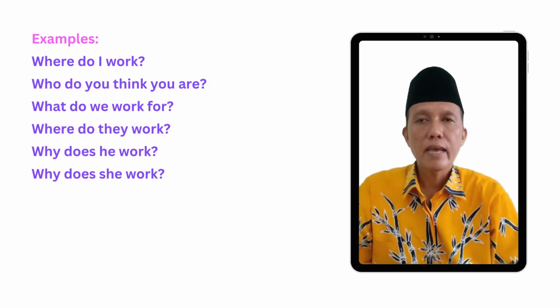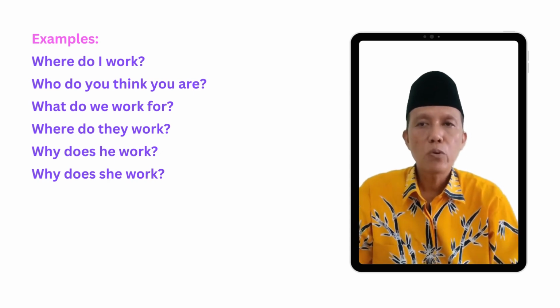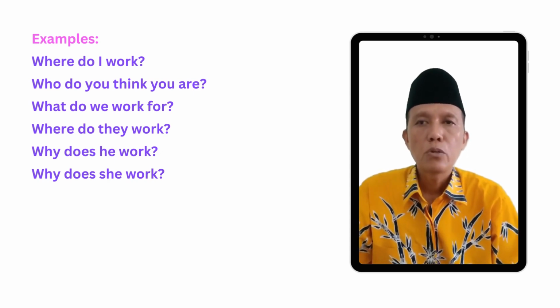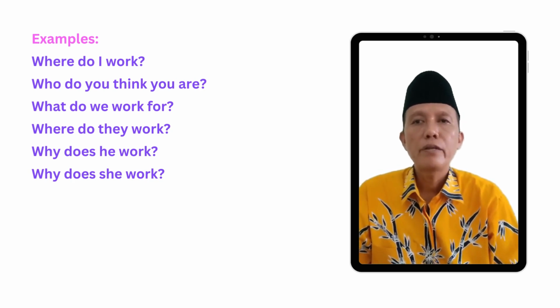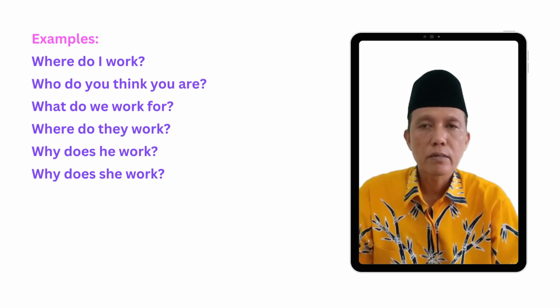Let's look at the examples. Where do I work? Who do you think you are? What do we work for? Where do they work? Why does he work? Why does she work?